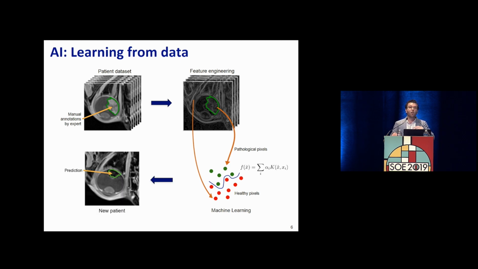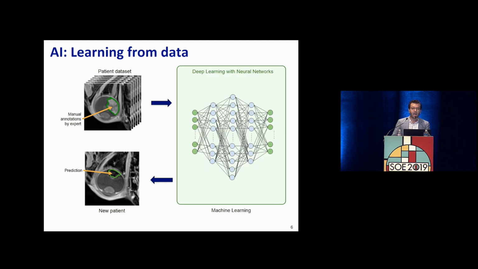And so in this case, it allows you to predict where the ocular tumor delineation may be in a new patient. Okay? And the hype that's come out of the last 5 years, roughly, is deep learning, which is a way to combine this engineering part with the machine learning in a single step. Okay? It allows you to bypass a lot of the hard effort that went into feature engineering.